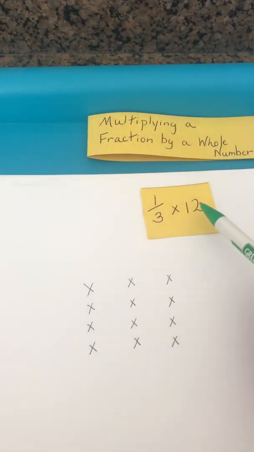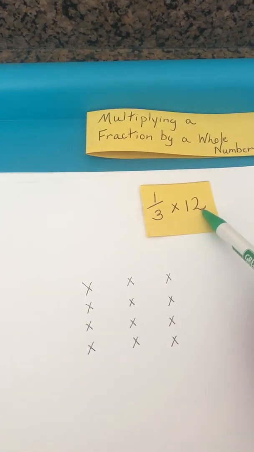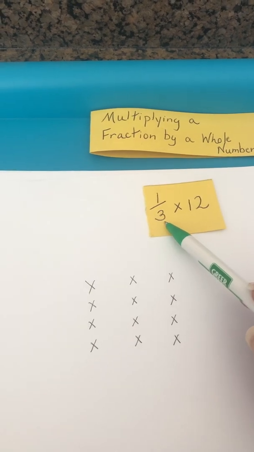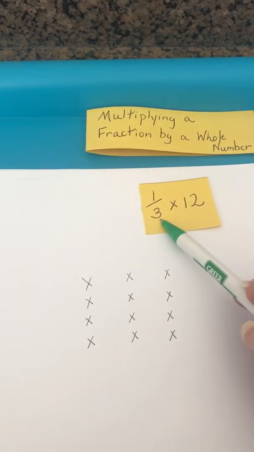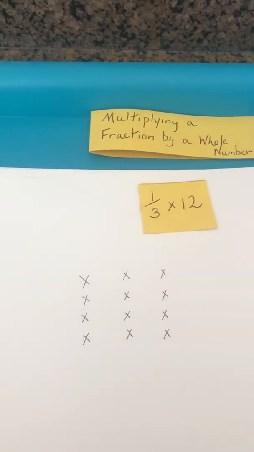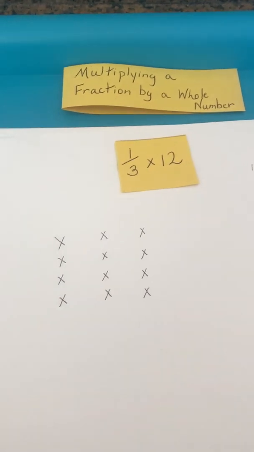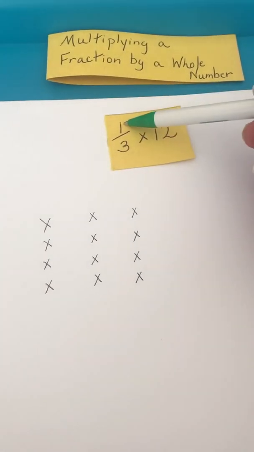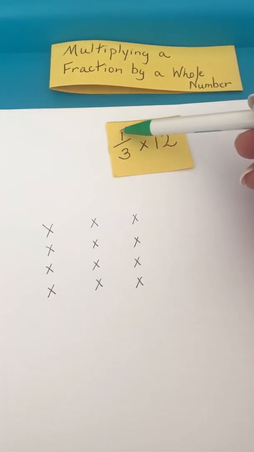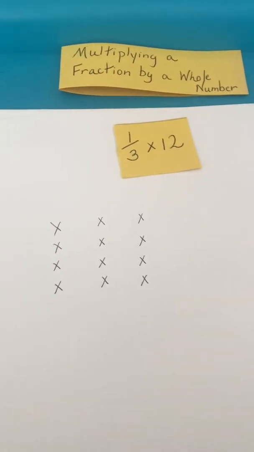I've taken my 12 as the whole number and divided it into 3 equal parts, which gave me 4 per group. Now the numerator is going to tell me the answer to my problem. I'm going to focus in on one of those 3 groups.